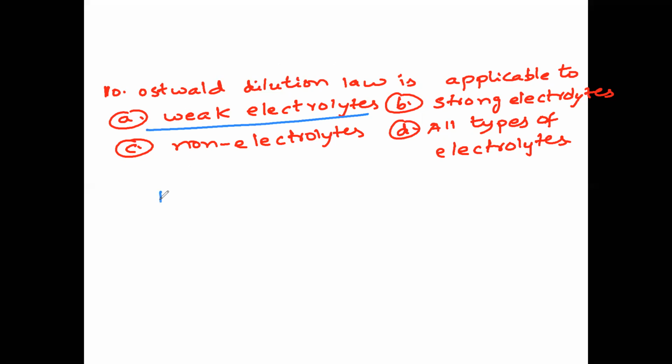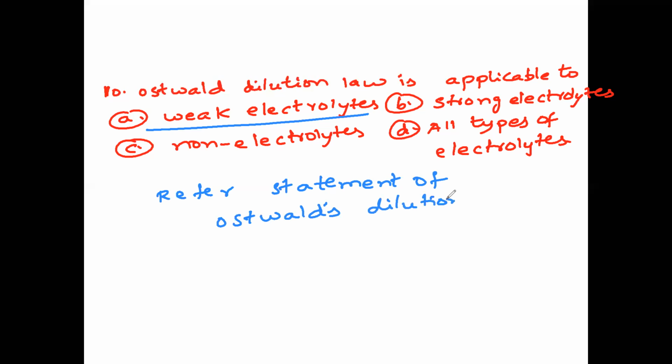For the statement, I'm giving a hint, refer to the statement of Ostwald's dilution law. Next, question number 11. In this one I'll try to write. So please note down.